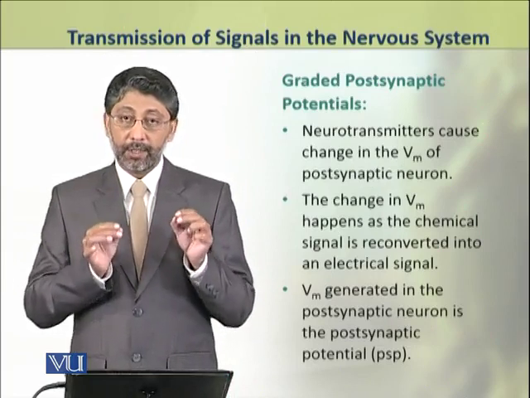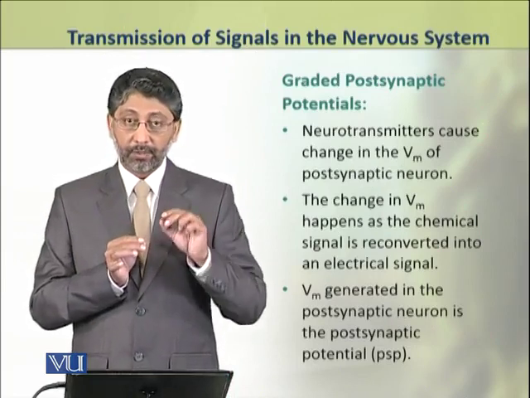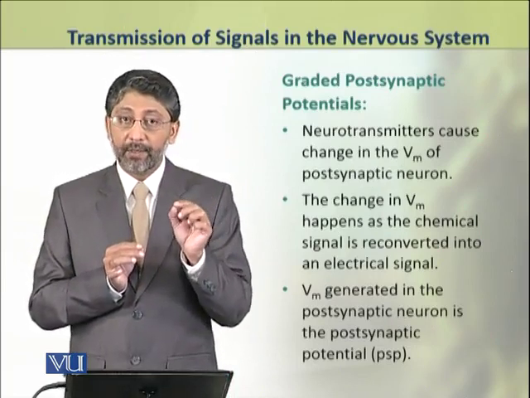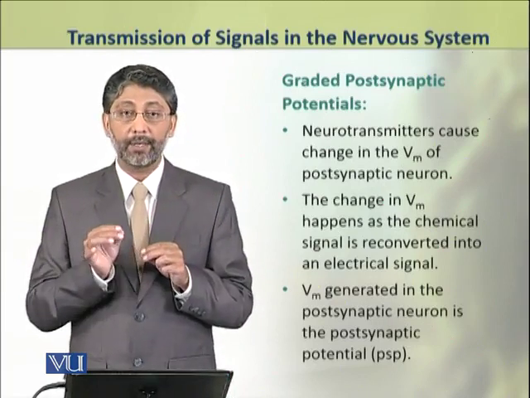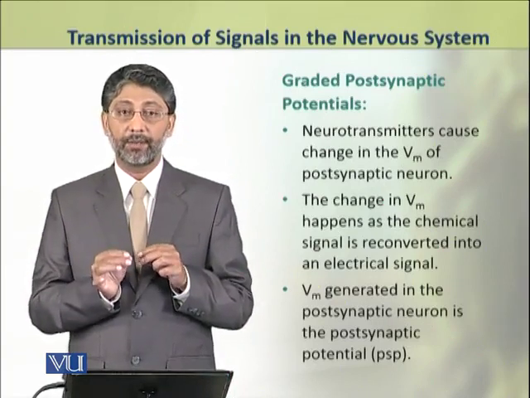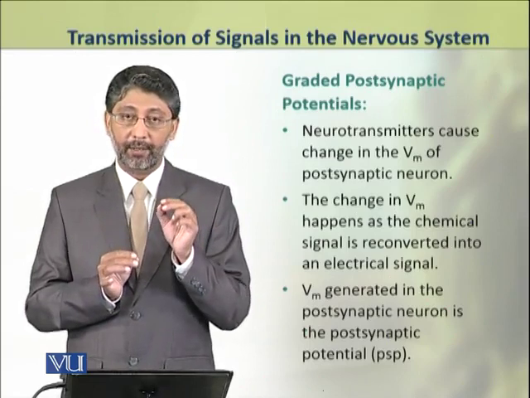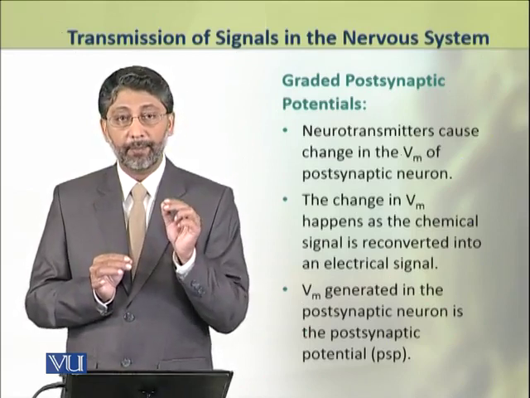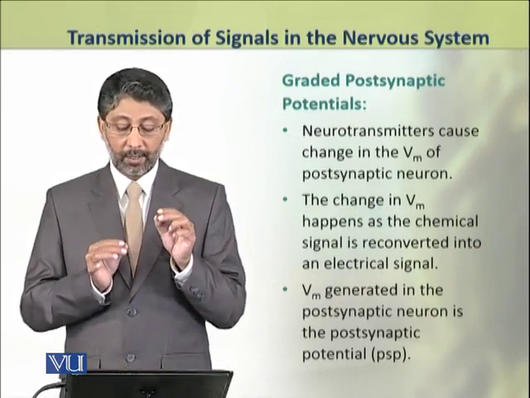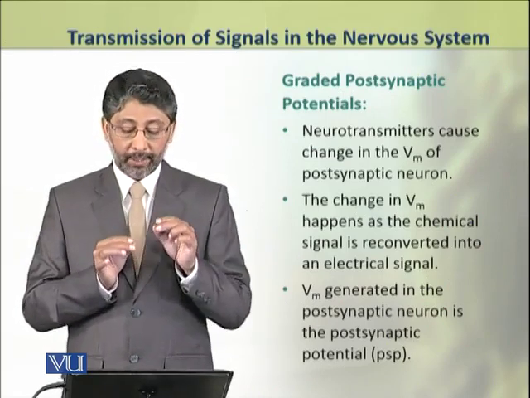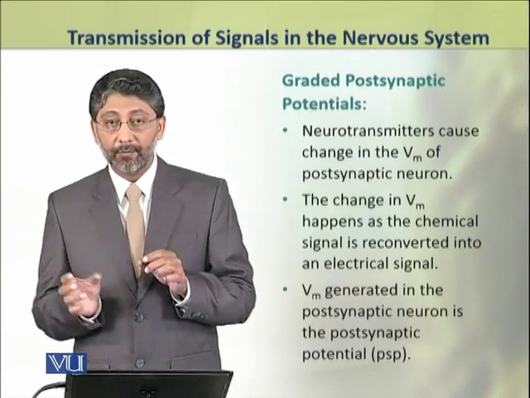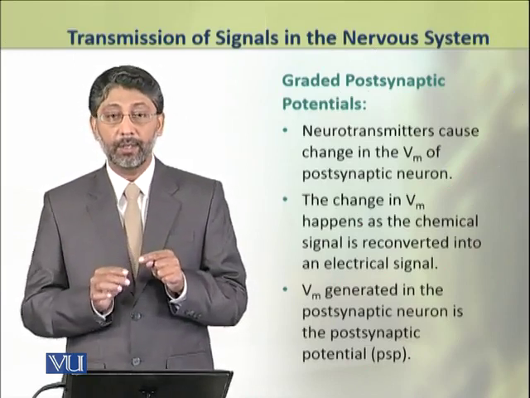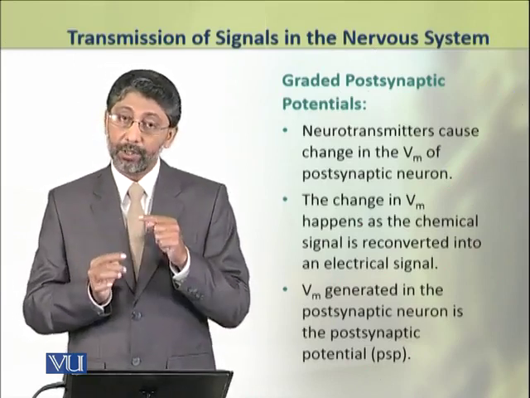When the neurotransmitter reaches the next neuron, that is the postsynaptic neuron, it causes potential change in the postsynaptic cell. The change in membrane potential happens when the chemical signal is converted back into the electrical signal.